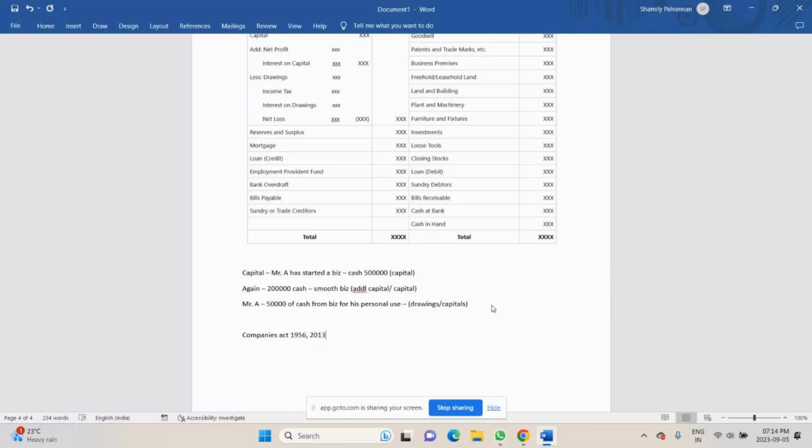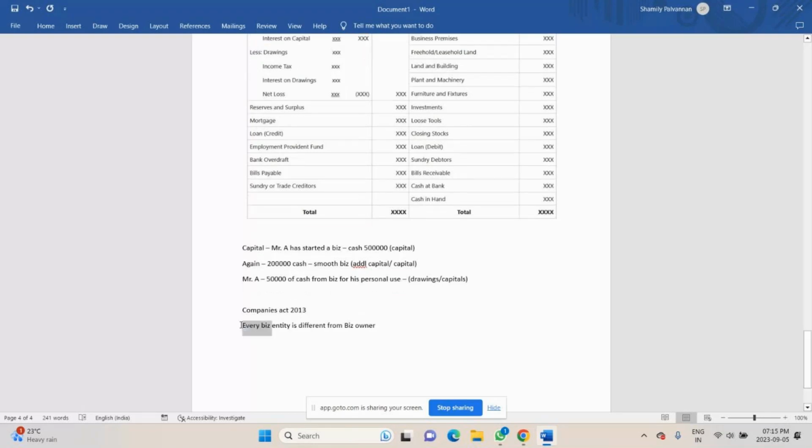As per the Companies Act, every business entity, meaning the company, is different from the business owner. Let me explain this. For example, the business entity is ABC Private Limited company, and I also have a business owner.